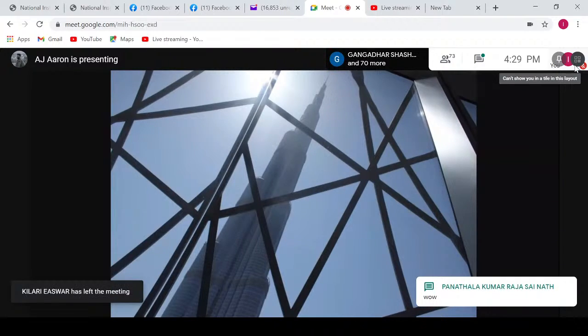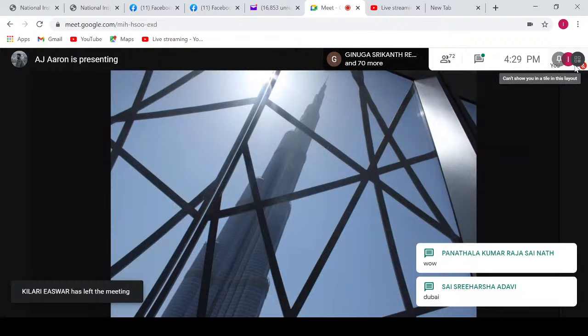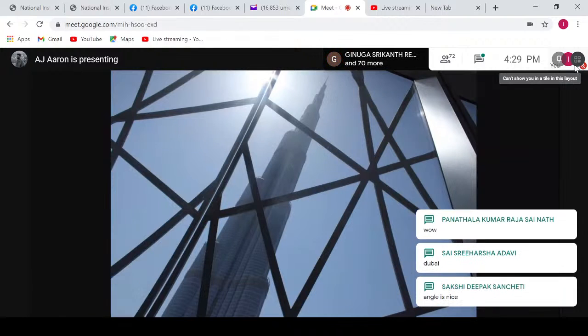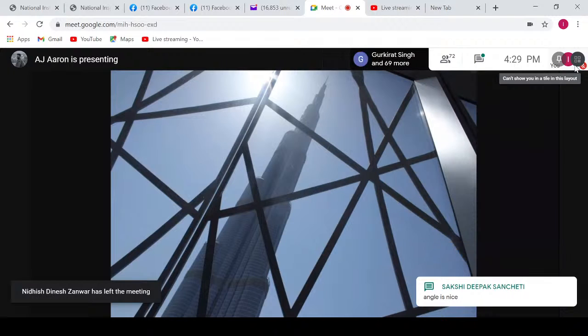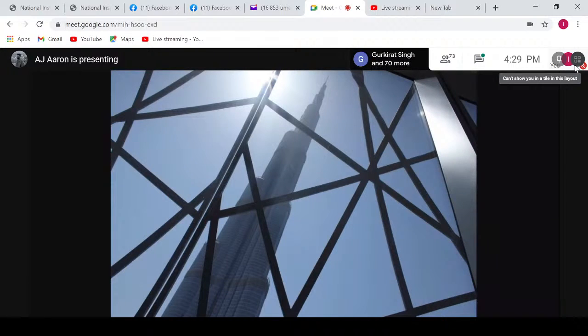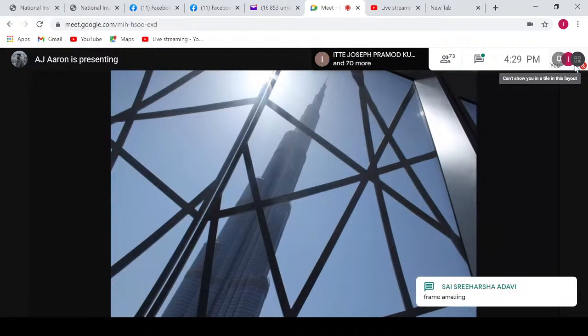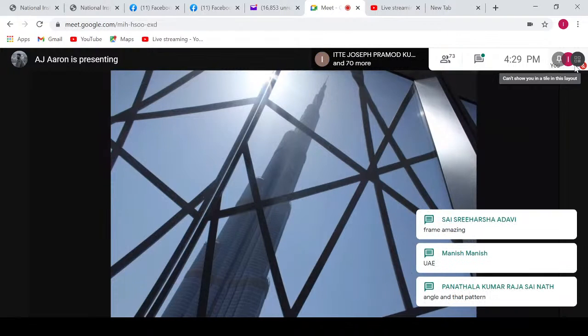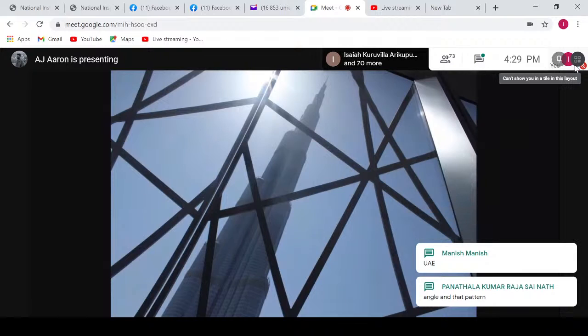The whole pattern that's going on in the foreground, and then the angle, right? It's an interesting angle. Frame amazing, yeah.